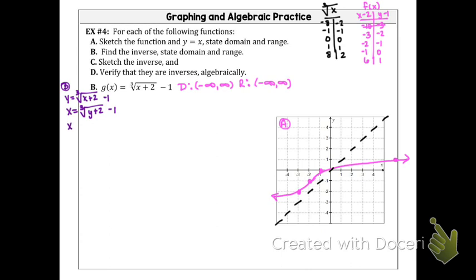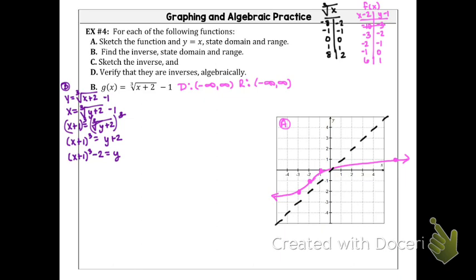So I'm going to add the 1. I've got to get rid of that cube root, so I'm going to cube it. So I get x plus 1 cubed equals the y plus 2. And then just subtract the 2. So we get x plus 1 cubed minus 2 equals y.